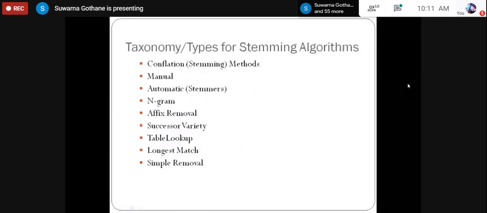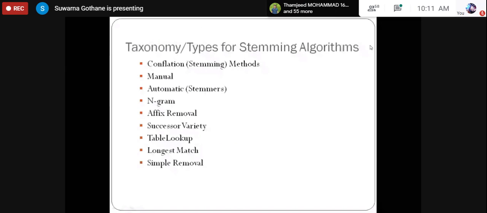Various algorithms are available for performing this type of stemming. Stemming means removing the extra alphabets which are not that useful.